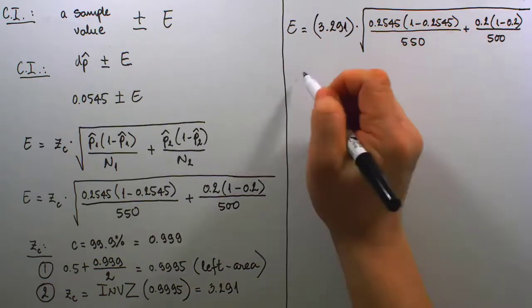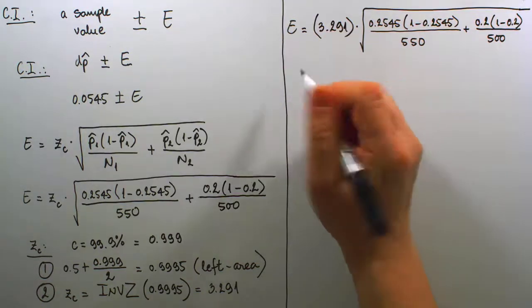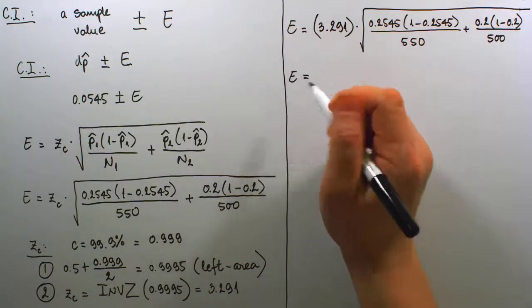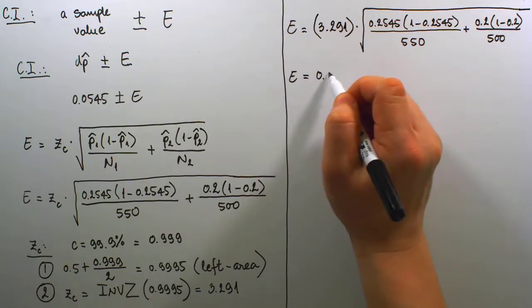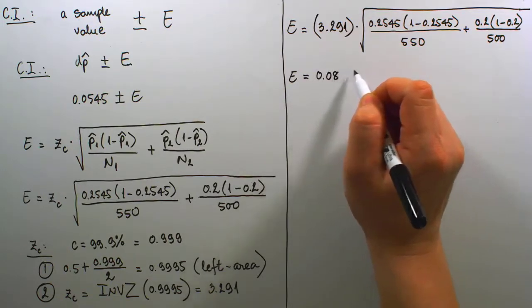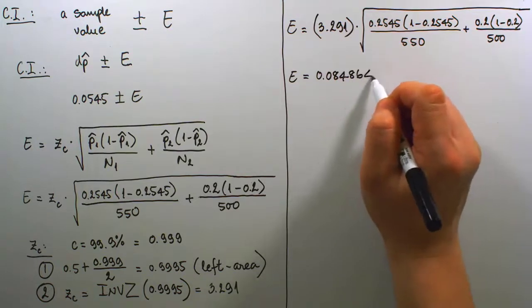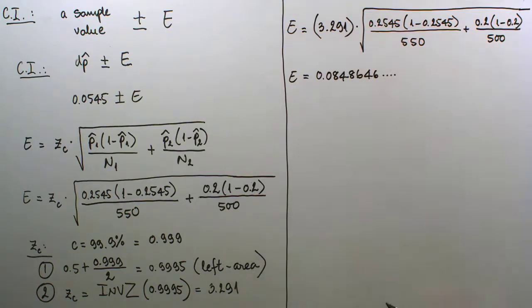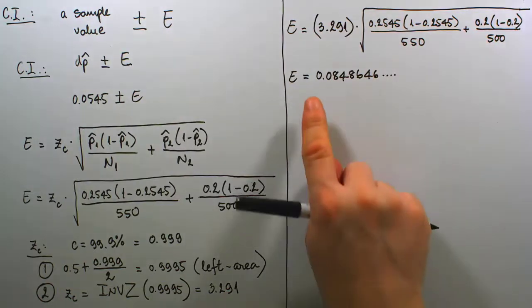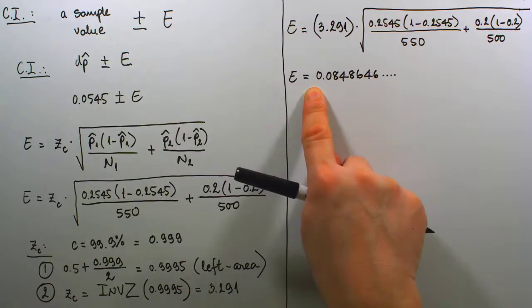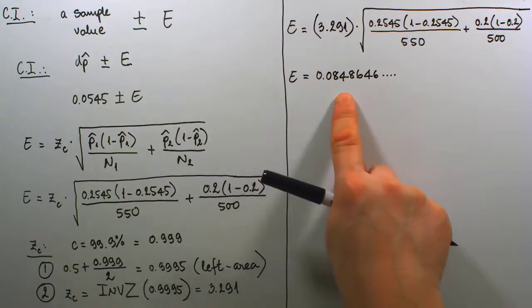So my final calculation came out to be 0.084864 and a lot longer. And this specific problem allowed me to round to 4 decimal places.